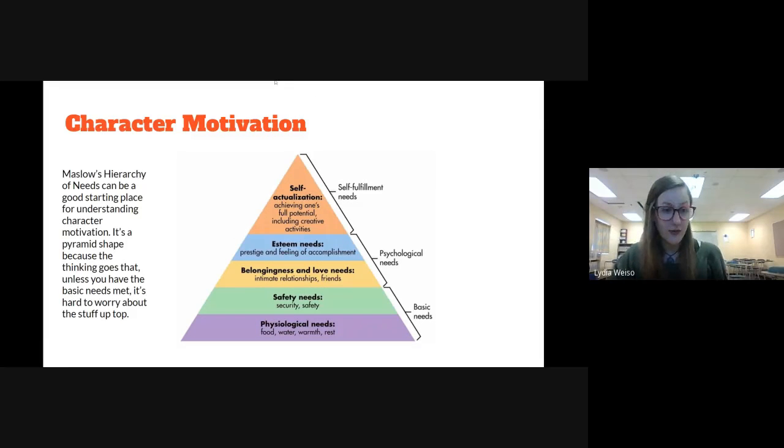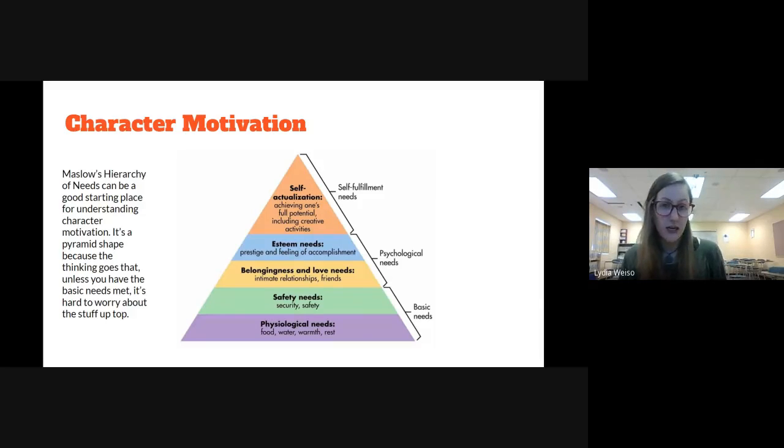And there are lots of ways of thinking about characterization or character motivation, right? Hopefully we'll talk about this a little more tomorrow in person, if we're here in person, if the snow allows. But Maslow's hierarchy of needs is something that we will keep coming back to over and over again this semester, because understanding why characters do what they do is really similar to understanding why humans in general do what they do.